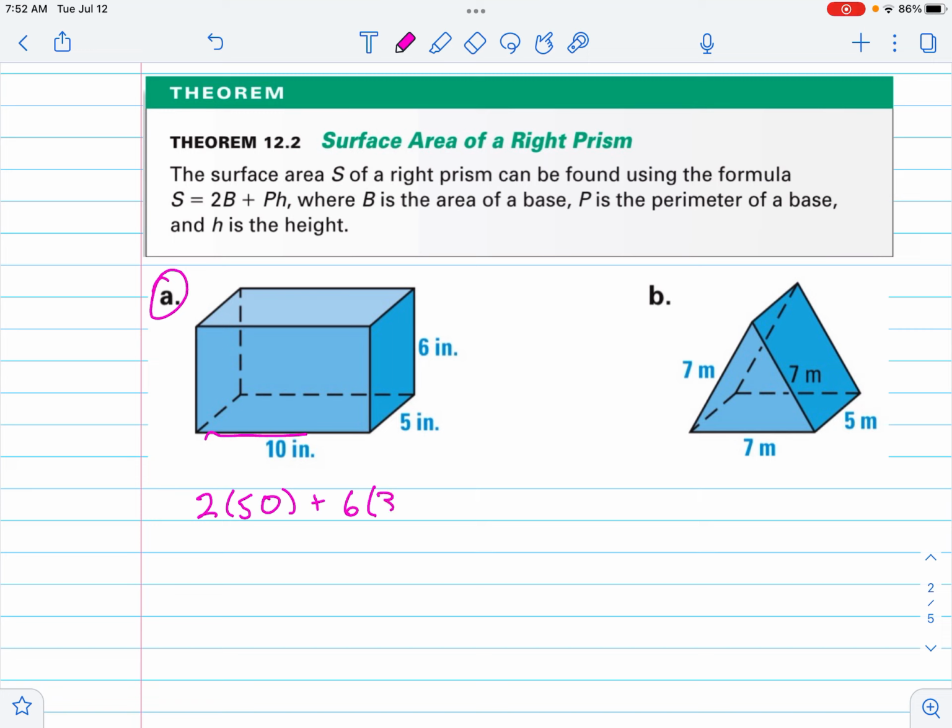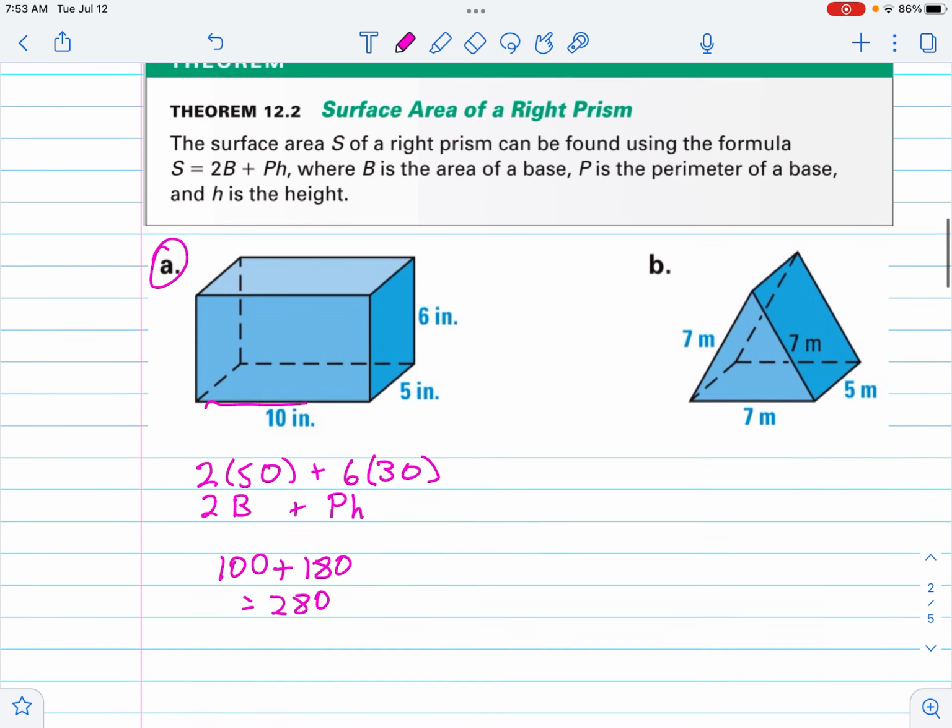Well, the perimeter of the base is 30. So notice it's 2B plus the height times the perimeter. If we work this out, we get 100 plus 180. So that's going to be 280.